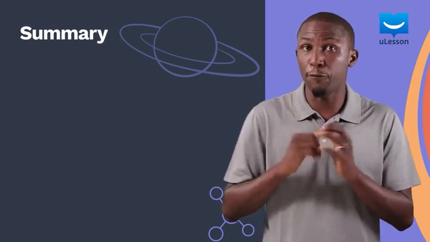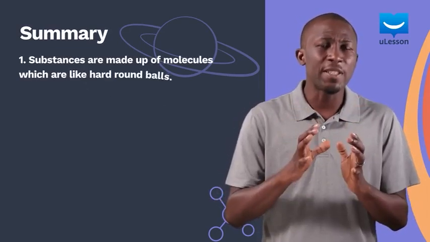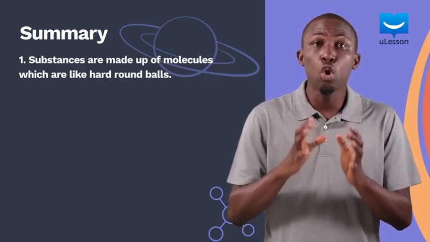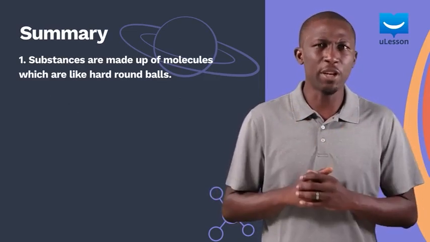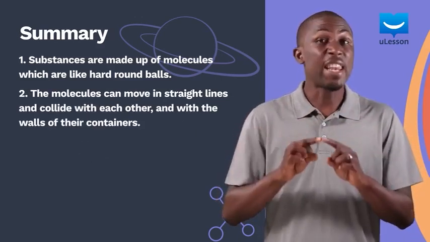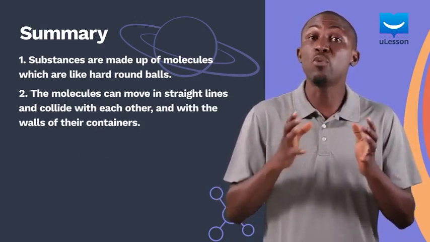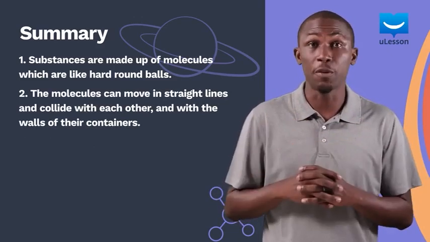So, let's try to summarize this. The kinetic molecular theory assumes the following. One, that substances are made up of molecules which are like hard, round balls. Two, that the molecules can move in straight lines, and when they do so, they can collide with each other and with the walls of the container in which they are enclosed.